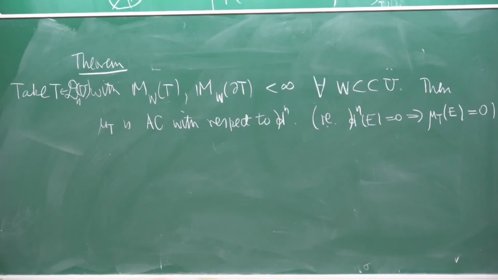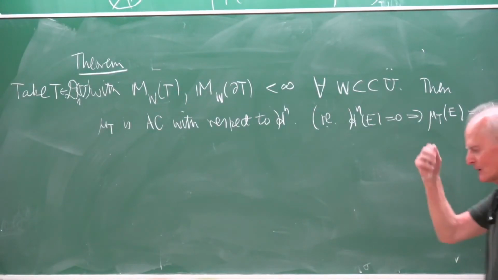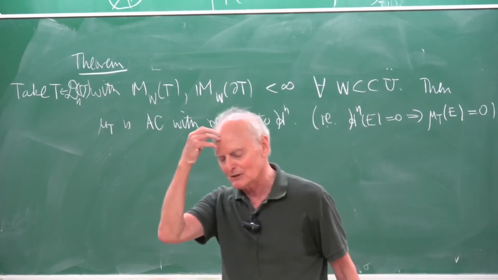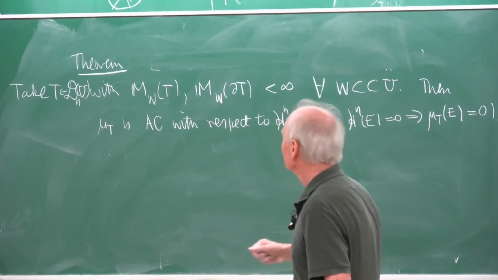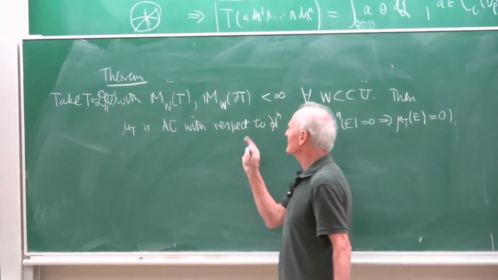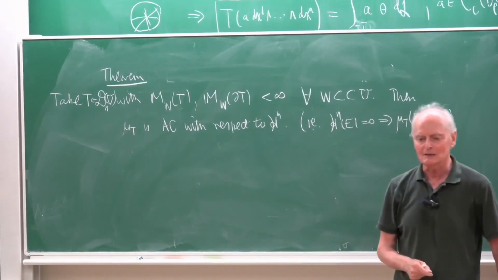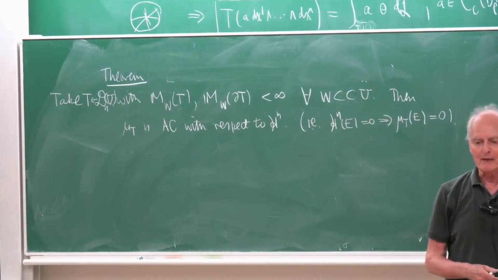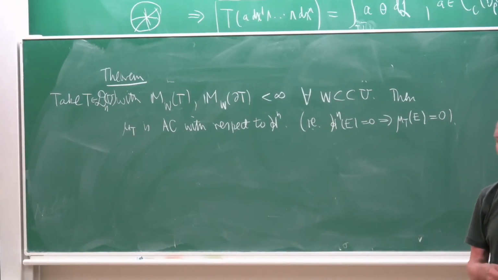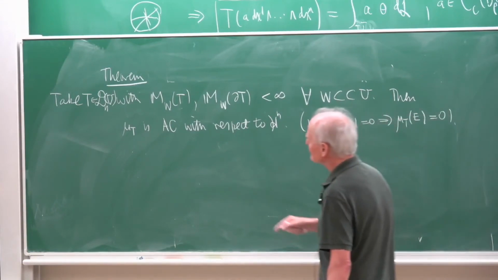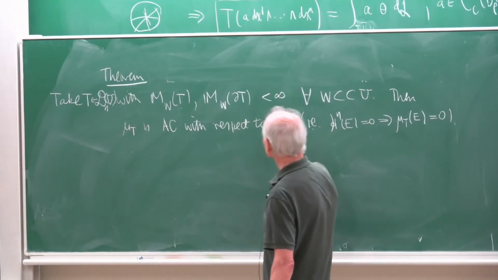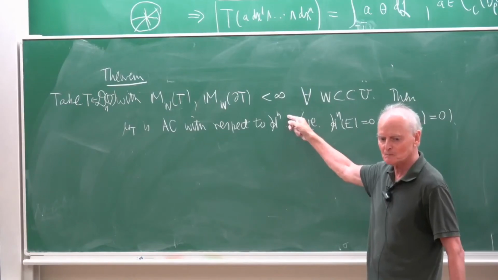Very nice fact. And now you've got to think about your course in measure theory. Remember what one measure being absolutely continuous with respect to another guarantees? By the Radon-Nikodym theorem, that means that actually this measure is just a function times this measure.